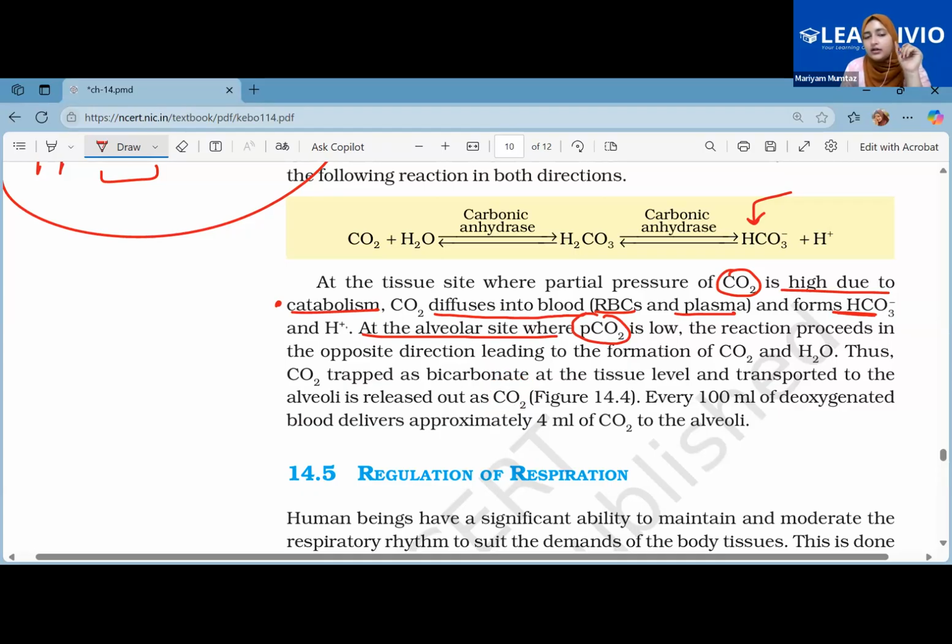So thus, the CO2 that is trapped as the bicarbonate ion at the tissue level and transported to the alveoli now gets released out as the CO2 molecule. Now remember, just like how for every 100 ml of oxygenated blood, 5 ml of O2 was being transported, here 4 ml of CO2 is transported to the alveoli. Clear? Any doubts anywhere?